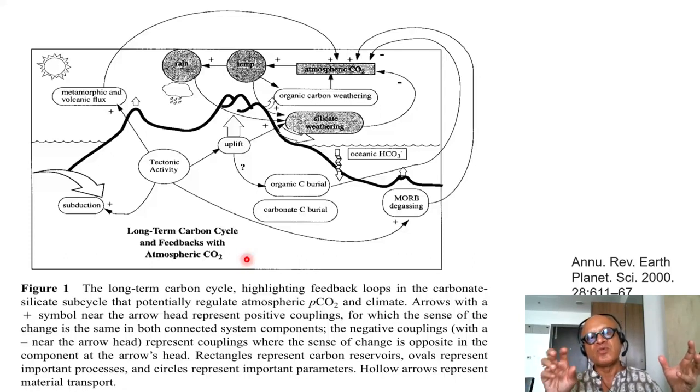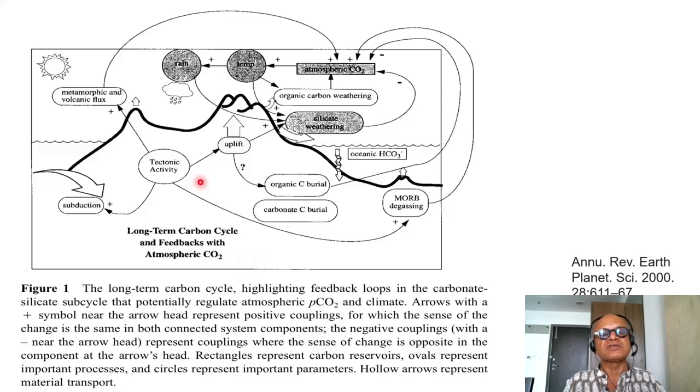Plants can grow, put roots on rocks, and begin to put carbonic acid into the rock and create loose surfaces so that cracks begin to appear in the rocks, and weathering rates are altered. So here is a summary of these kinds of feedbacks. Here, long-term carbon cycle and feedbacks with atmospheric CO2.